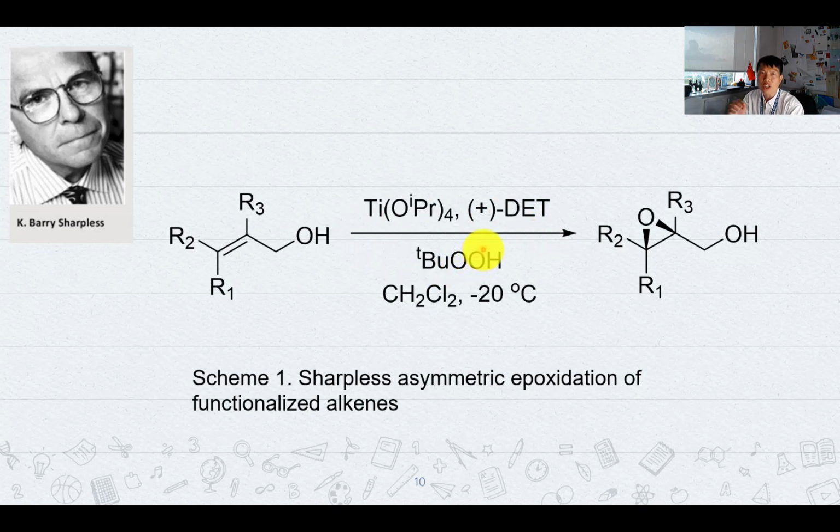But the thing is, this reaction is only effective for allylic alcohol, which means if you have one more carbon, or you have vinyl, then just too bad, you don't have a functional reaction here. The reason is because of this enantioselectivity. This activation comes from the pre-coordination of the alcohol functional group, this oxygen with lone pair, onto the titanium center.